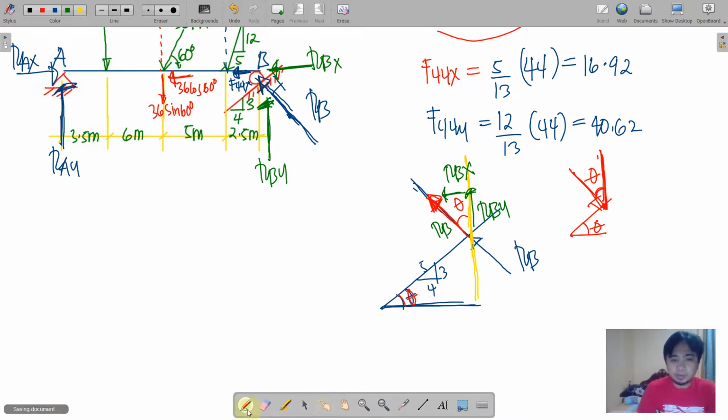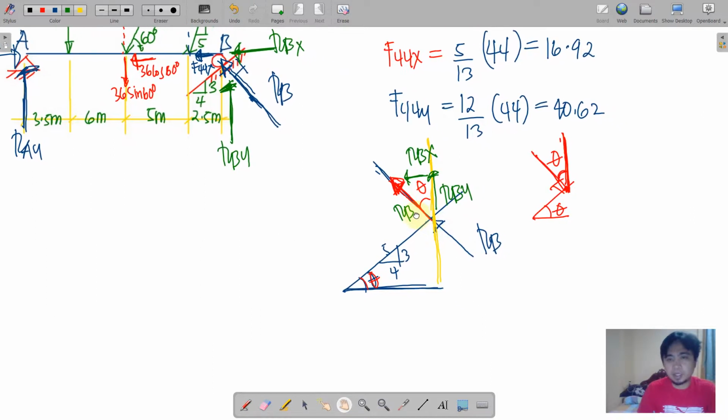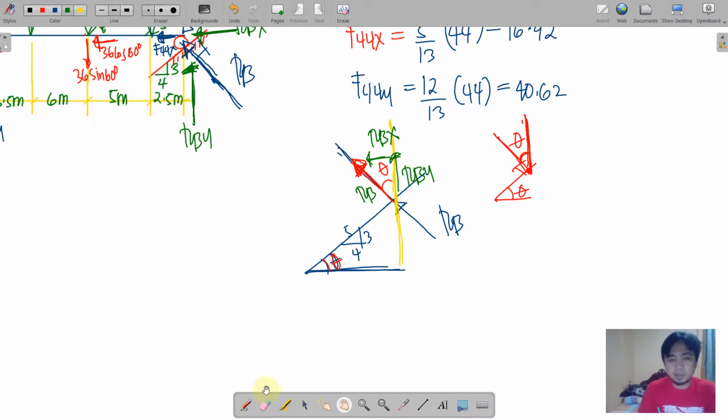So writing our function to relate these components to its mother, we need to write here function of sine. We'll have an opposite component, the angle is RBX all over the hypotenuse RB.